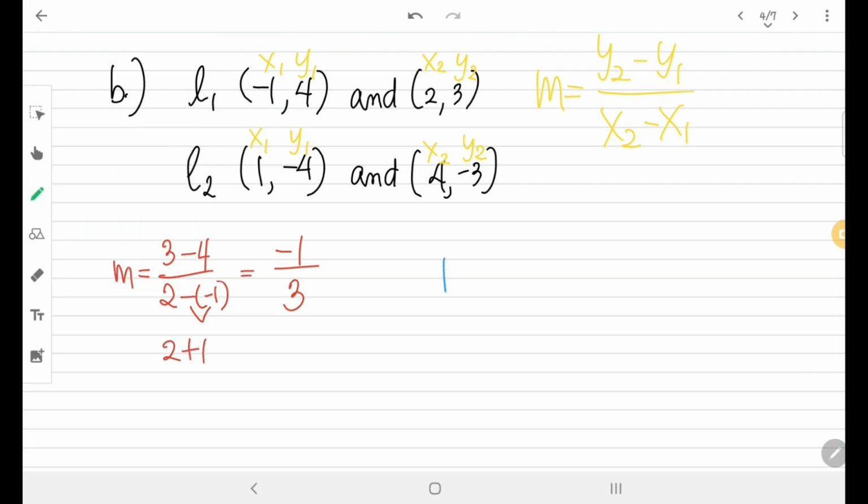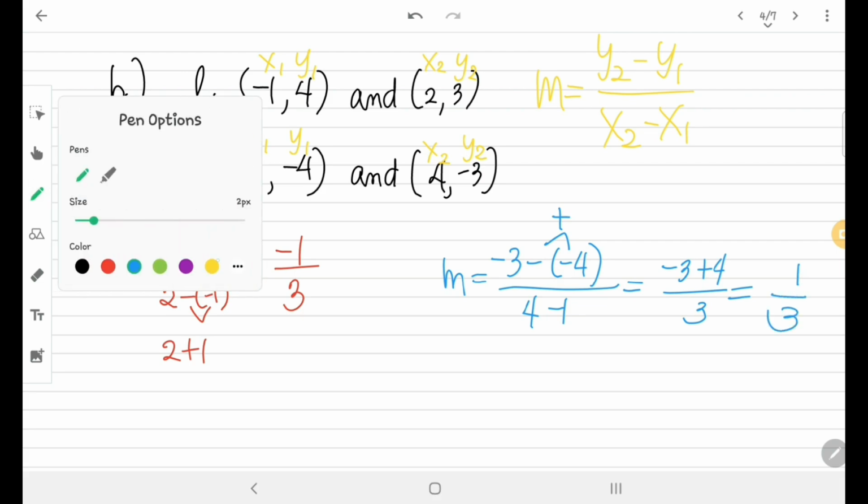Okay, next is m equals negative 3 minus negative 4. Magiging plus din. And then I have 4 minus 1, so we have negative 3 plus 4 over 2, and then we have positive 1 over 3.